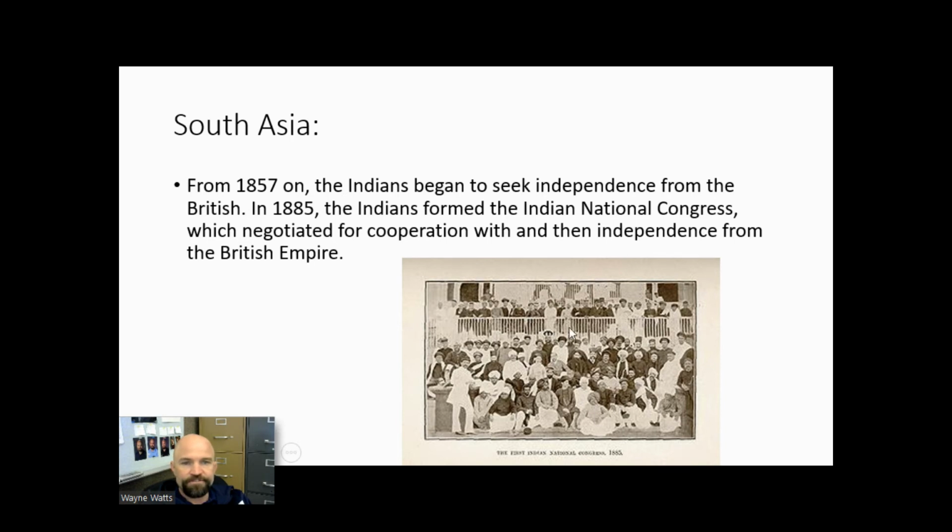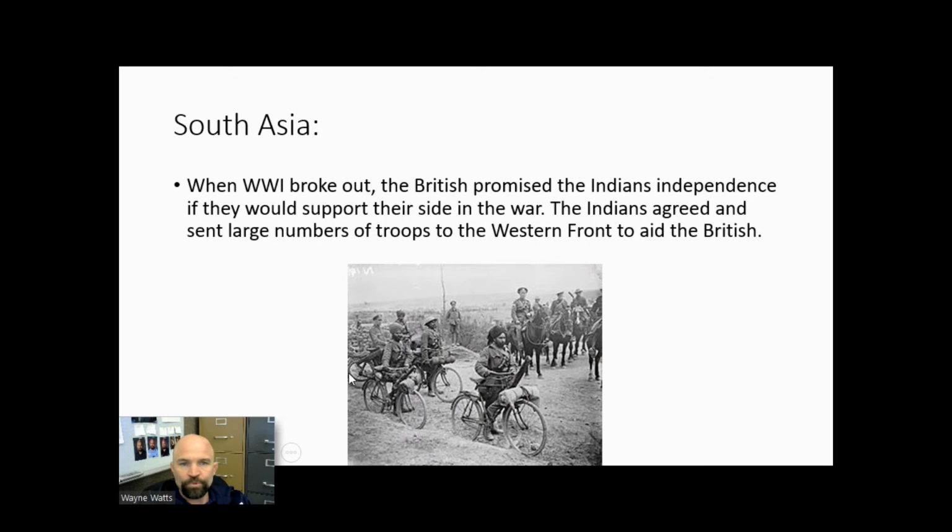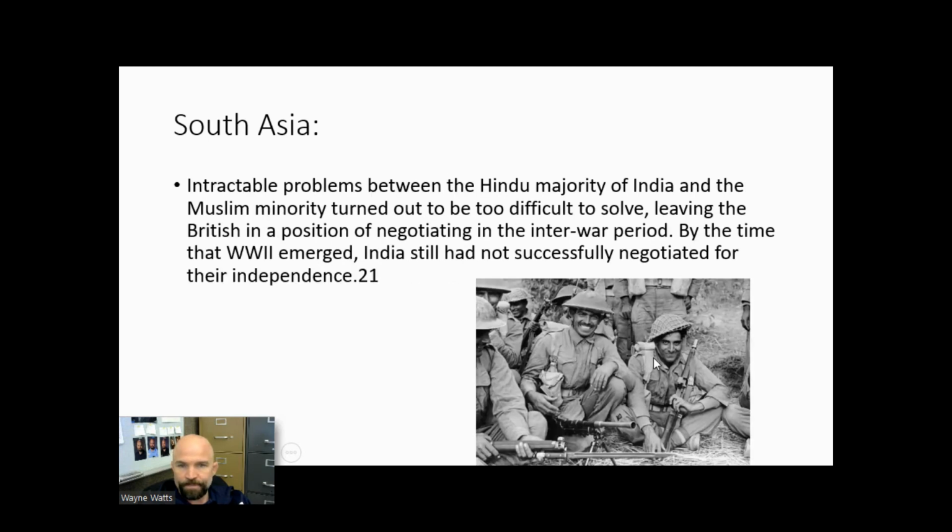In 1885, the Indians formed the Indian National Congress, which negotiated for cooperation with and then independence from the British Empire. When World War I broke out, the British promised the Indians independence if they would support their side in the war. The Indians agreed and sent large numbers of troops to the Western Front to aid the British.